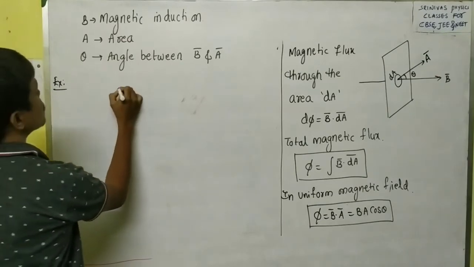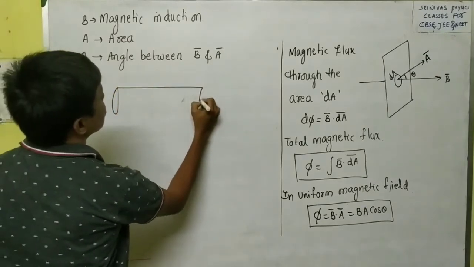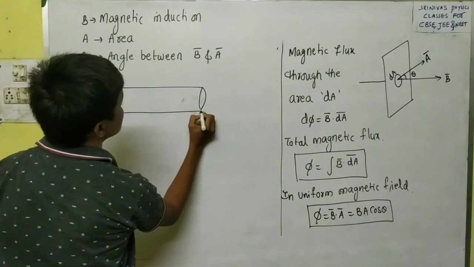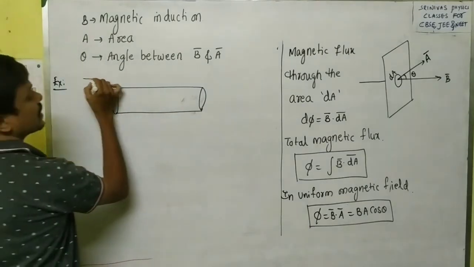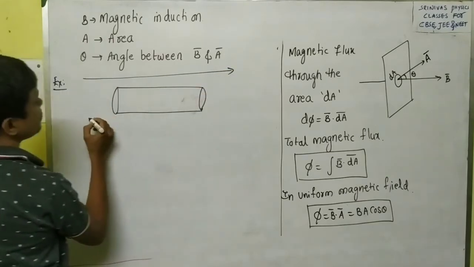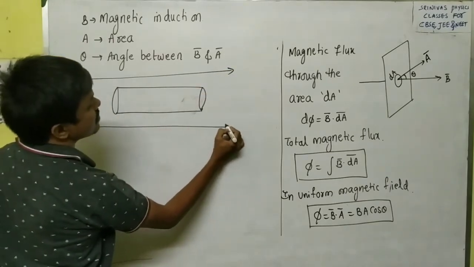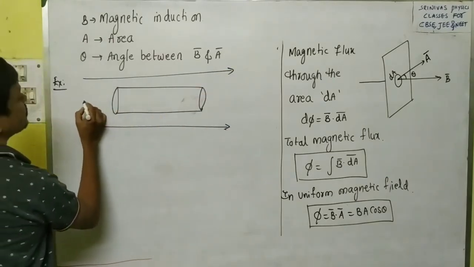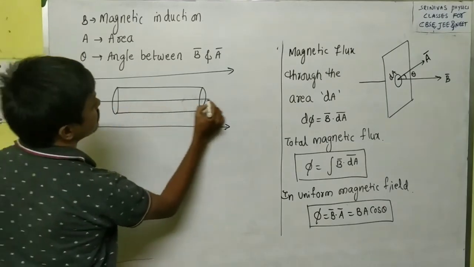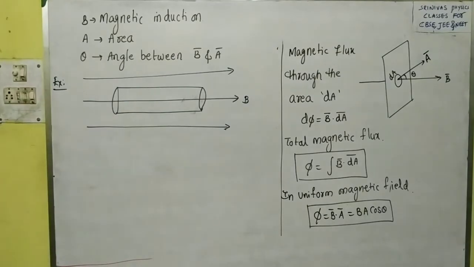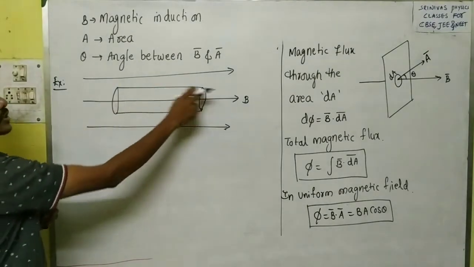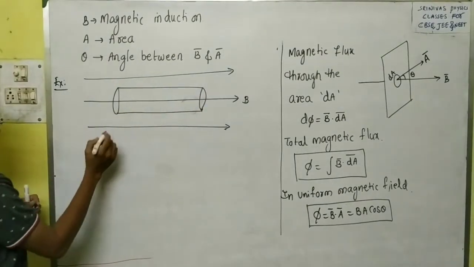Here, this is one cylinder. We are placing this cylinder in the external magnetic field. This is the magnetic field. Now the cylinder is placed in the magnetic field. It has three surfaces.